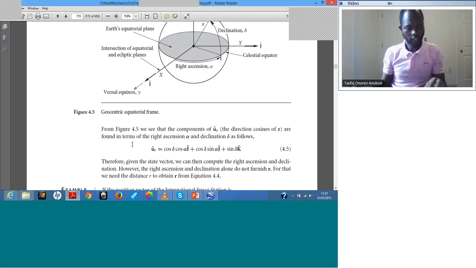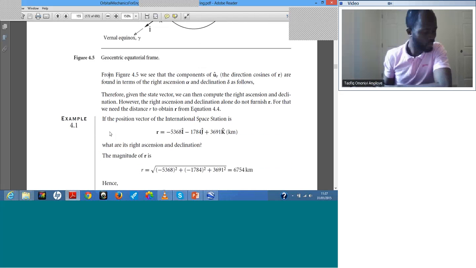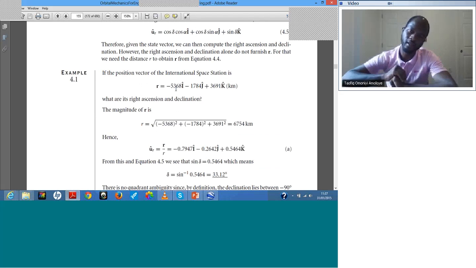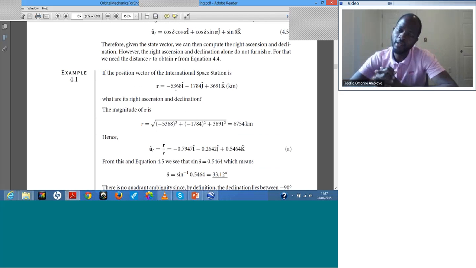We'll try to quickly finish up by looking at this example. So, example 4.1: if the position vector of the International Space Station is R equals that, relative to a geocentric inertial equatorial frame of reference, and this is how you see it in the sky, what are its right ascension and declination?